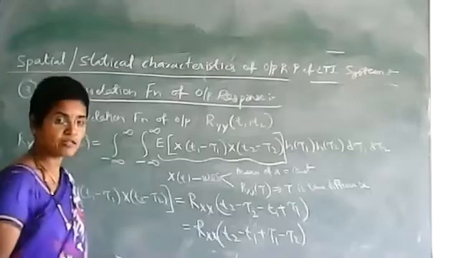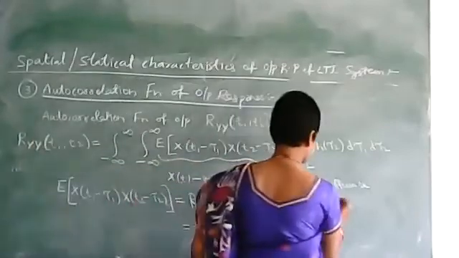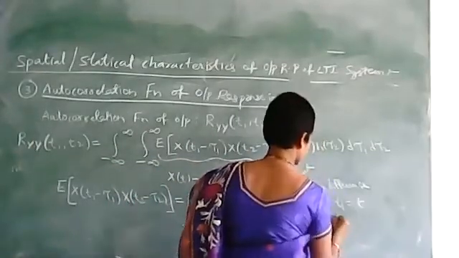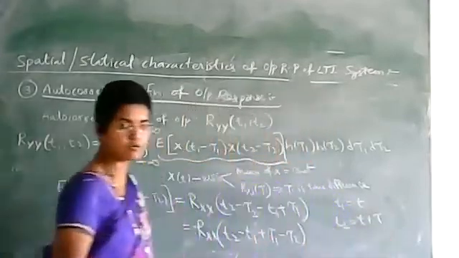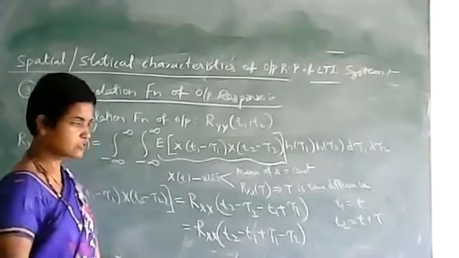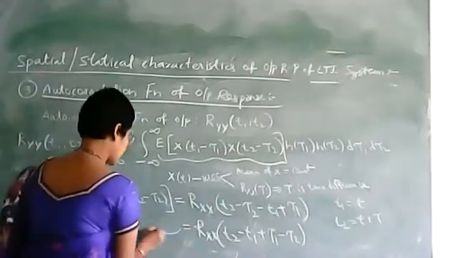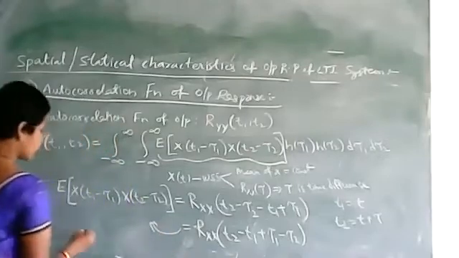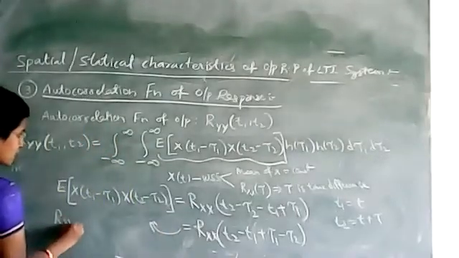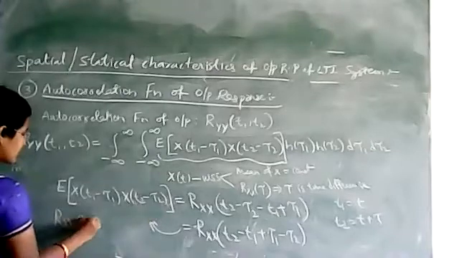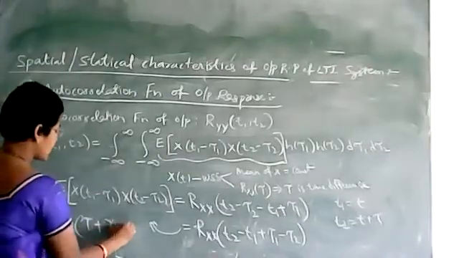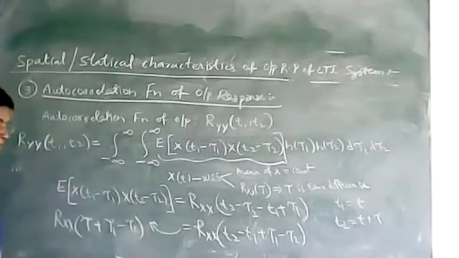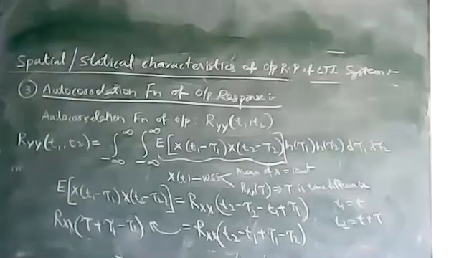Now for example, if you take t1 is equal to t and t2 is equal to t plus tau, then t2 minus t1 will become tau. So this can be written as R_xx of tau plus tau 1 minus tau 2.